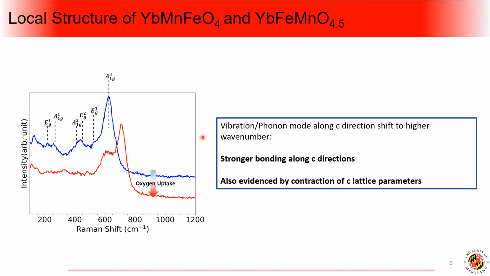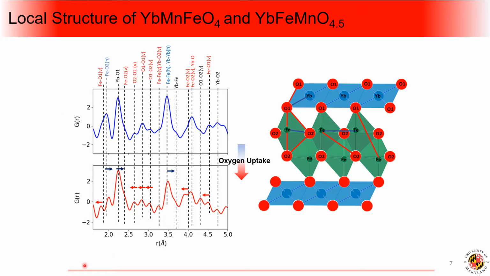The A1g peak in the original phase corresponds to the stretching vibrations along the c direction. So the shift indicates that the oxygen uptake can lead to either a stronger bonding covalency or a shorter bond distance along the vertical direction. This was verified by the pair distribution function analysis from the neutron scattering.